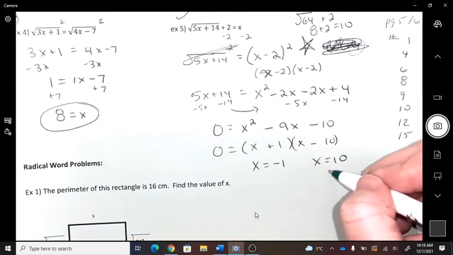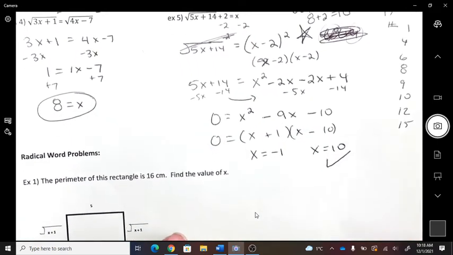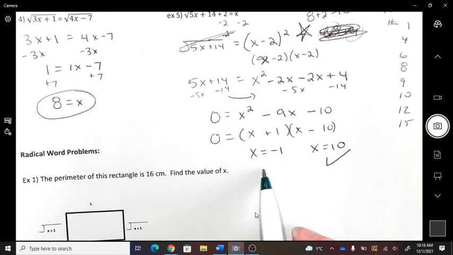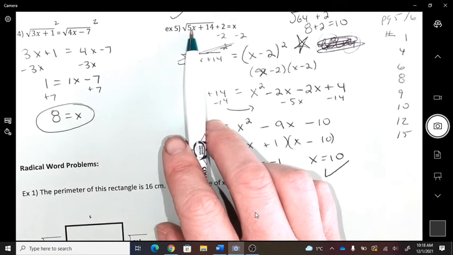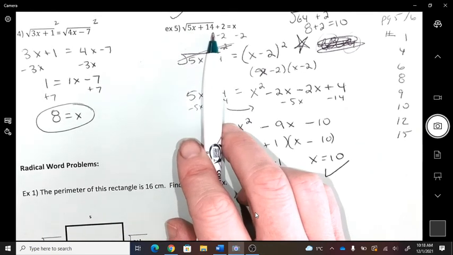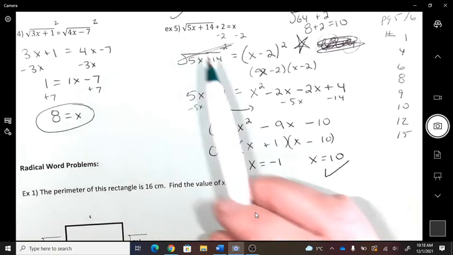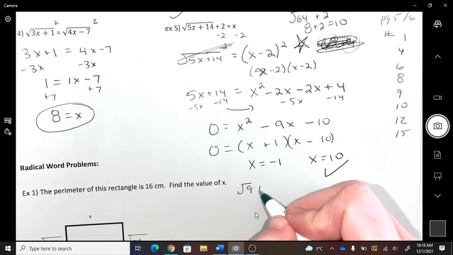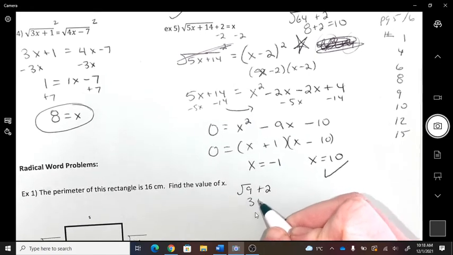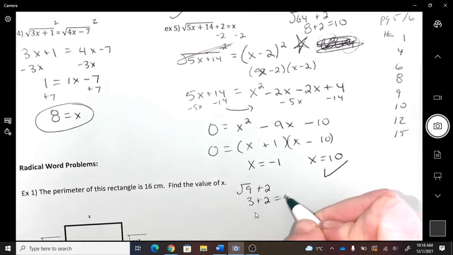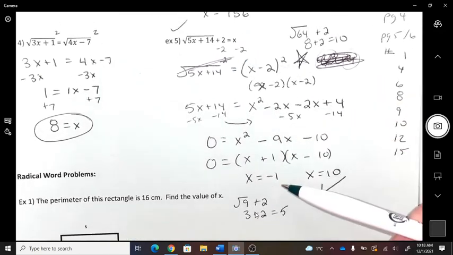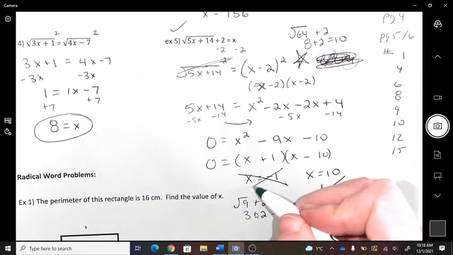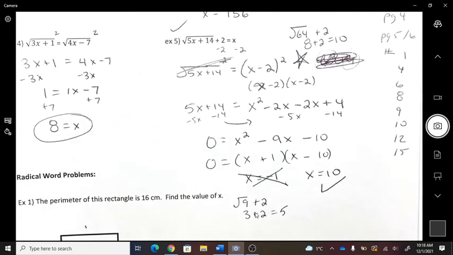Did that work? Yes. Now I'm going to plug in the negative 1. 5 times negative 1, negative 5, plus 14 is 9. The square root of 9 plus 2 is 3 plus 2, which makes 5. That was supposed to come out to be negative 1, so that did not work out.